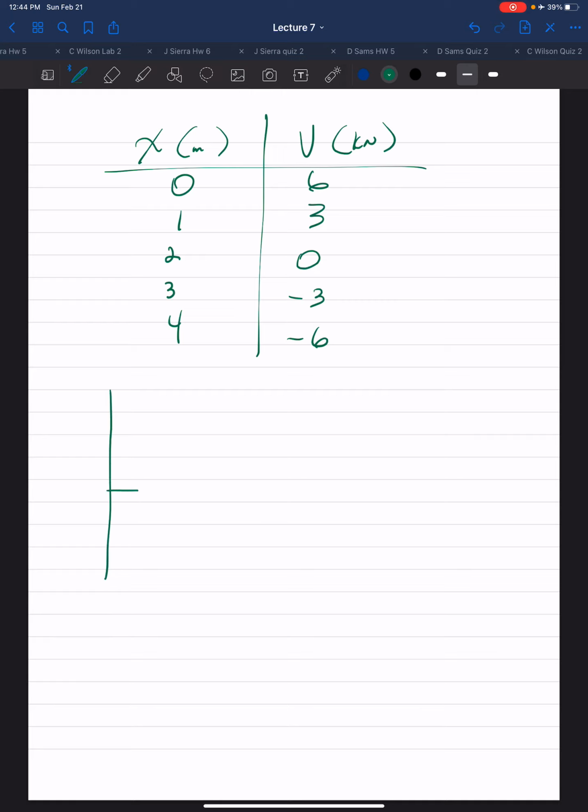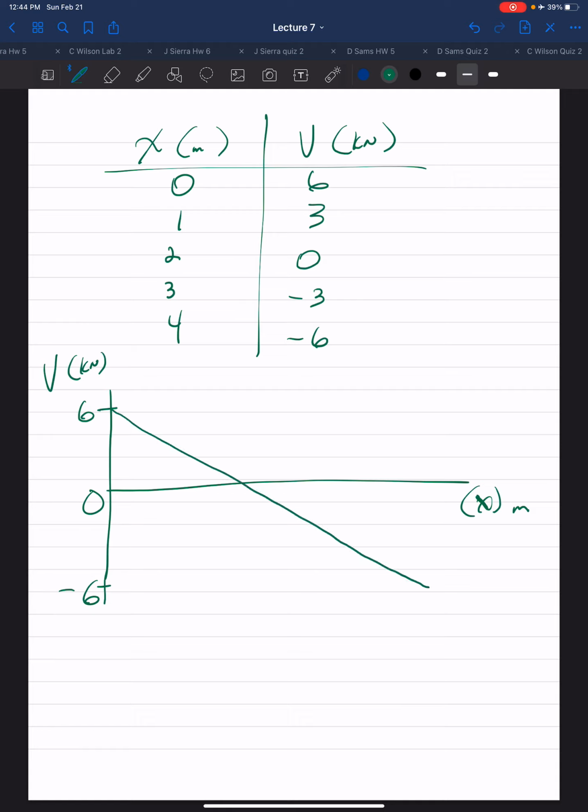So if you were to plot this curve, the x-axis, and then our V in kilonewtons, this is in meters, and this is our origin. So it starts at a high of 6, and is a linear curve. So this is the shear diagram for that simply supported beam as a function of x.